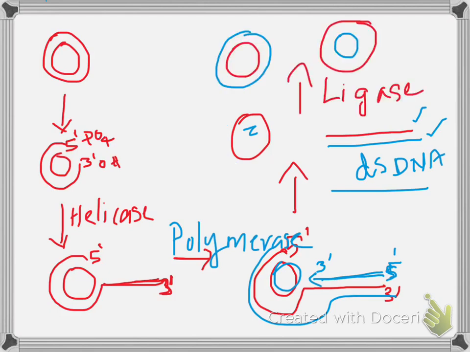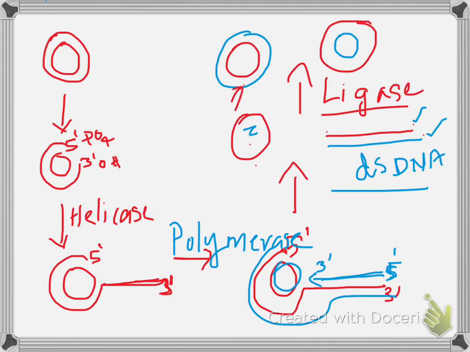In the next step, the enzyme ligase joins both ends of this DNA, forming a circular double-stranded DNA like this. Then, in a similar way, around this single-stranded DNA, a new strand is formed by the action of the DNA polymerase.